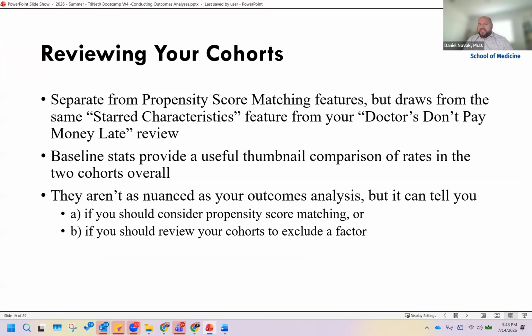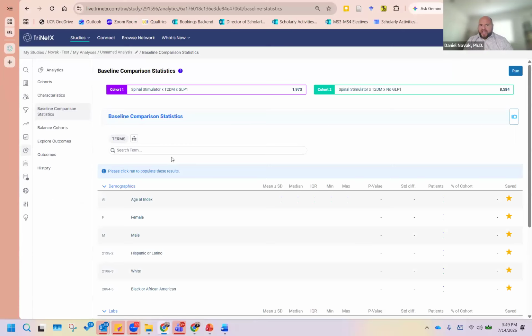Again, that t-test or z-test in this case is not as nuanced as your outcomes analysis because it doesn't include the process. Like there's no propensity score matching done here. It's just a t-test comparison of these two to see if they deviate from expected probabilities.